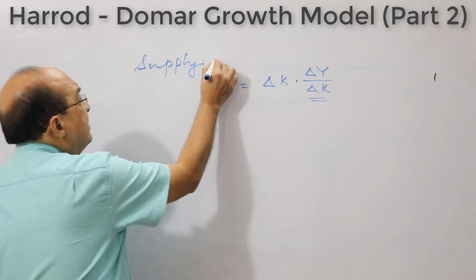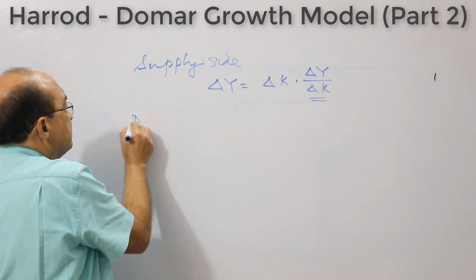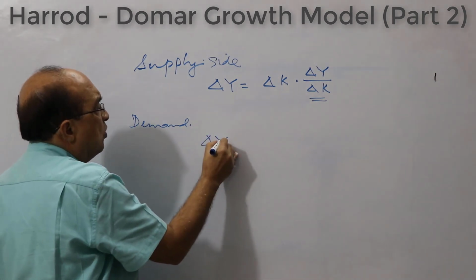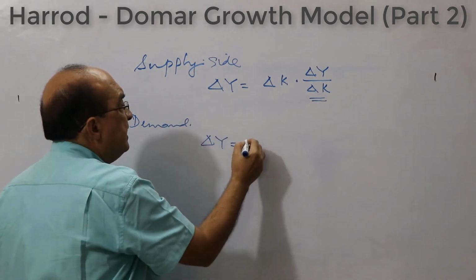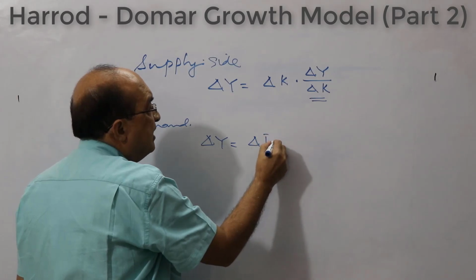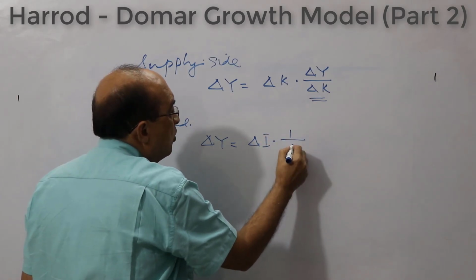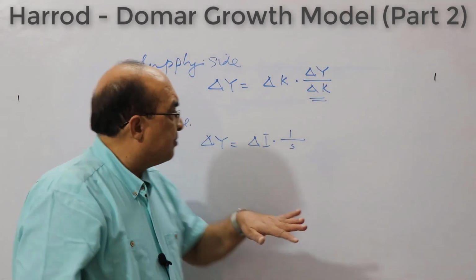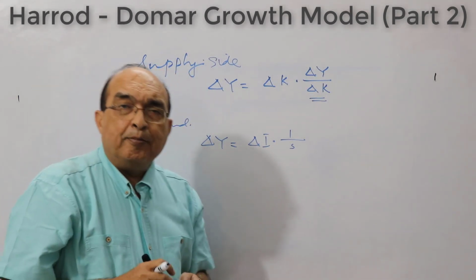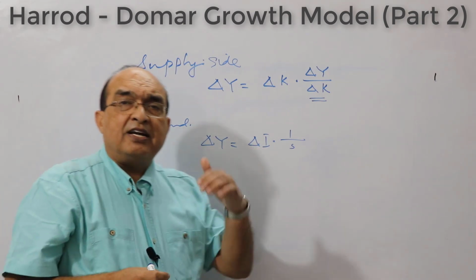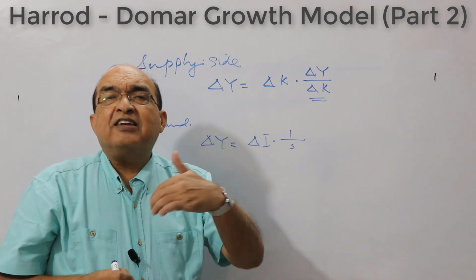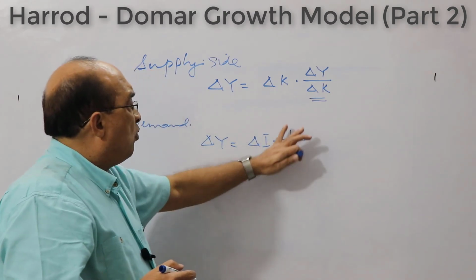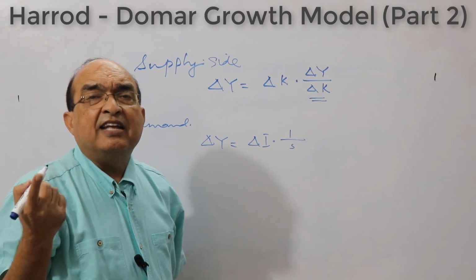Similarly, this was the supply side, and the demand side has to be delta investment multiplied by 1 by s, where I have used a small s. I'll explain what I mean. This is delta investment, that is, the rate at which investment is changing per period of time. Okay, and 1 by s is simply the Keynesian multiplier.